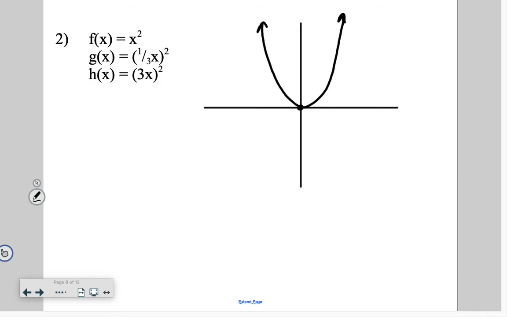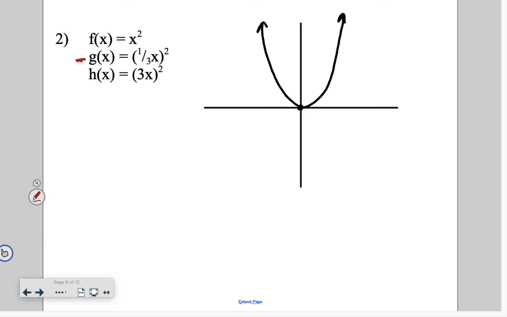And so now if we go to g of x, the question I have for you with g of x is, is the 1/3 that's there a horizontal or a vertical movement or a transformation? Horizontal or vertical? Let's start there. What do you think, Kaylee? Horizontal. How do you know it's horizontal? It's attached to the x. And therefore, it's got to have some sort of horizontal effect. What effect does the 1/3 have on the graph?